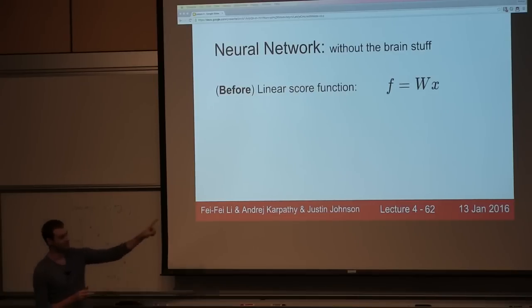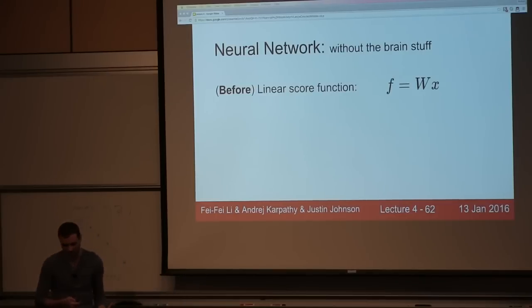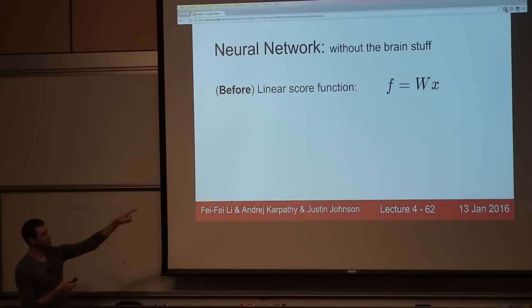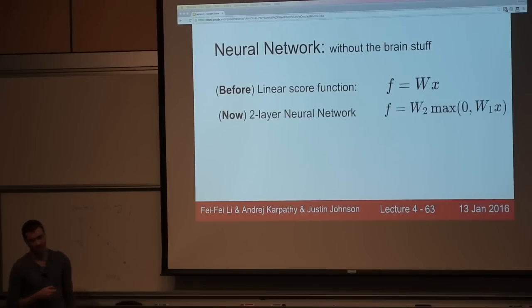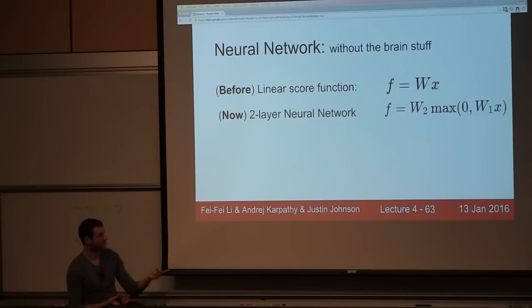Let's just look at score functions, where before we saw that f equals Wx is what we've been working with so far. But now, as I said, we're going to start to make that f more complex. So if you wanted to use a neural network, then you're going to change that equation to this. So this is a 2-layer neural network, and that's what it looks like. And it's just a more complex mathematical expression of x.